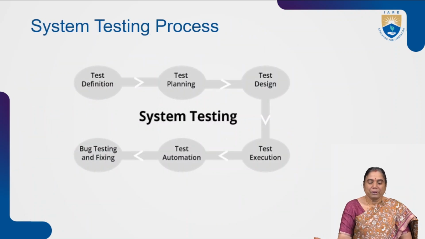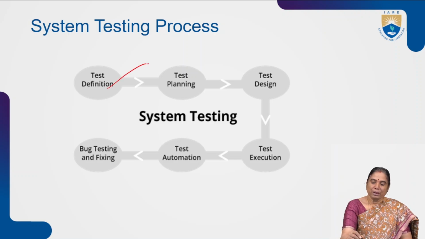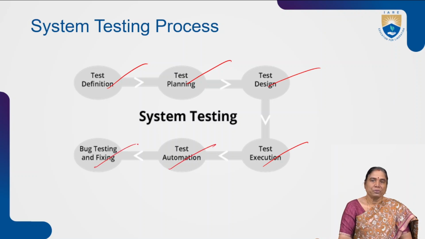The system testing process is generally carried out through test definition and planning, the test procedure and whether to use automation or not, test case design, next test execution, test automation, and bug fixing and report generation.